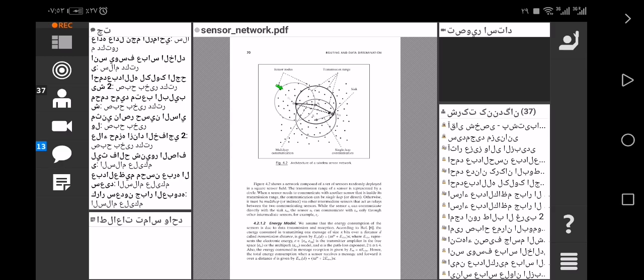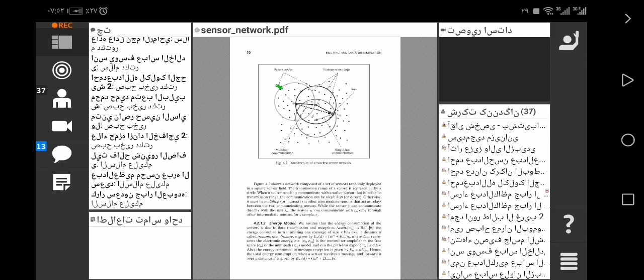Energy model. In the energy model that we use in the paper to calculate the energy consumption of each node, we should consider two terms: energy consumption for transmission and energy consumption for reception. Energy consumption for transmission has two terms. One term to drive the electronic circuit, and one term to send data to the distance d.